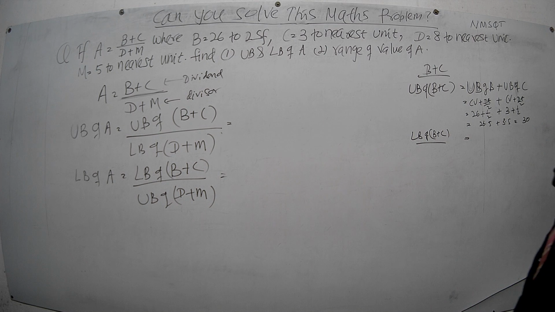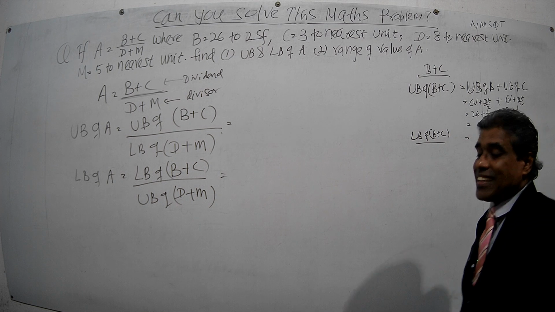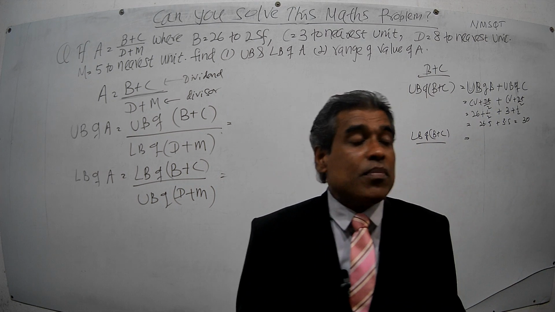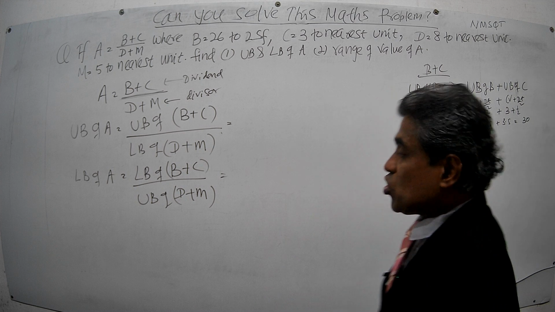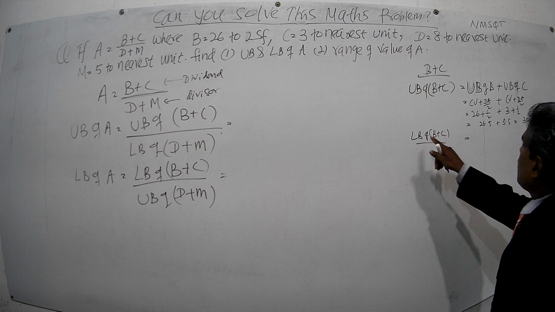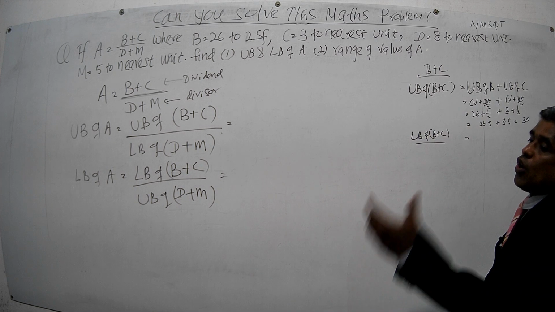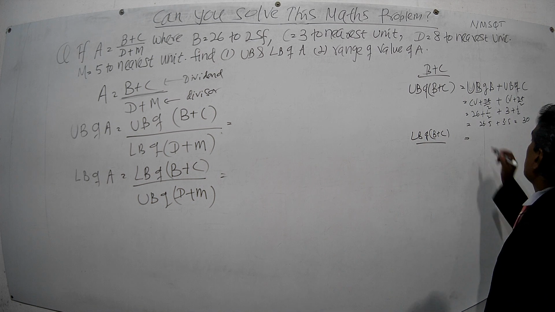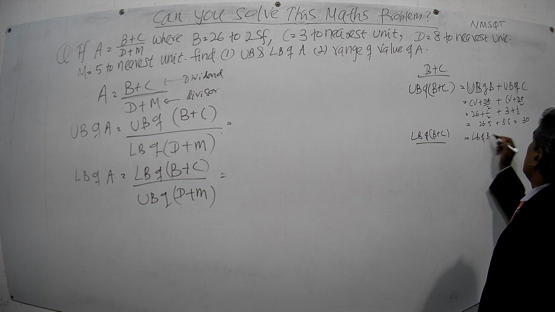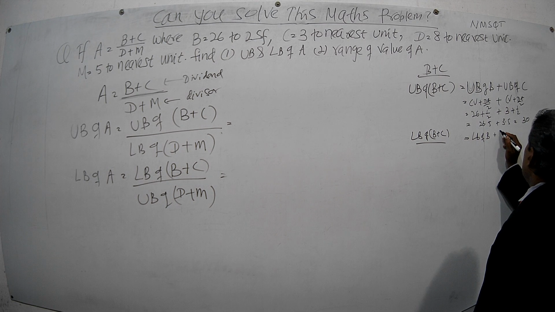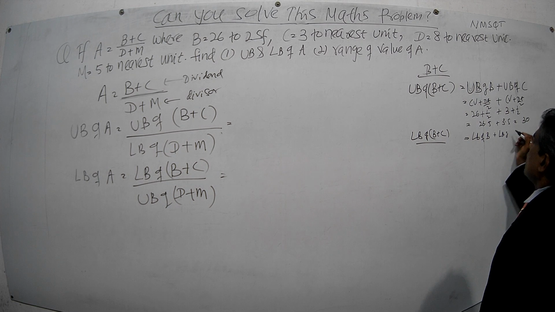There is a formula for finding the lower bound of a sum: lower bound of a sum equals the sum of the lower bounds of the two numbers, right? Then lower bound of B plus C equals lower bound of B plus lower bound of C. Then you write here lower bound of B plus lower bound of what? C.